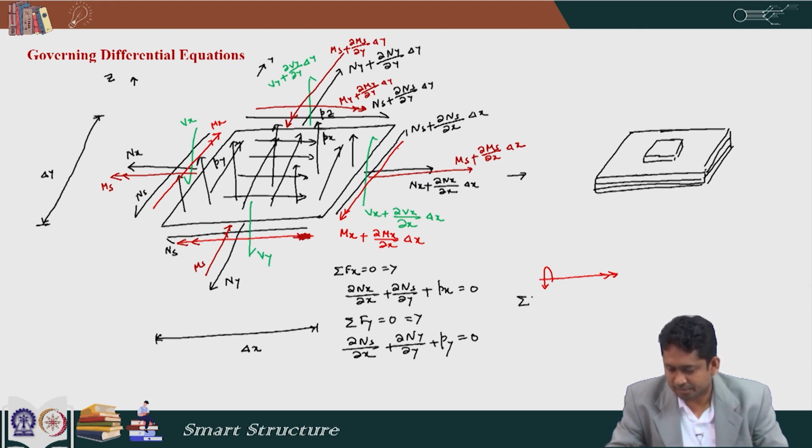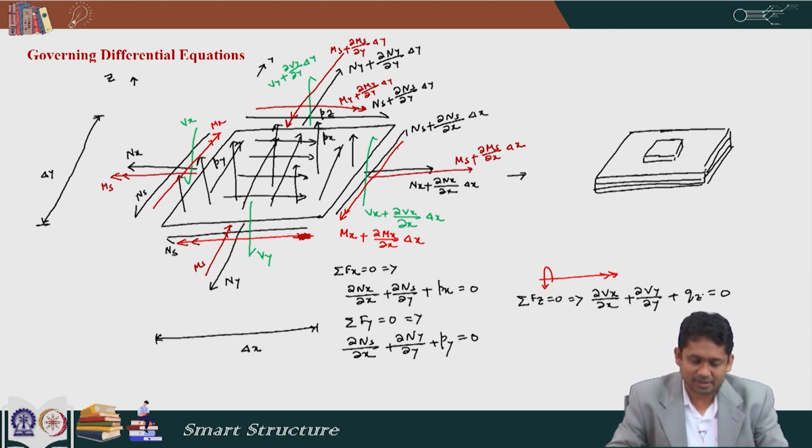And summation of forces along z direction to be 0 gives del Vx by del x plus del Vy by del y plus Pz equal to 0. And then we take bending moment equal to 0, so we can take bending moment with respect to the y axis.